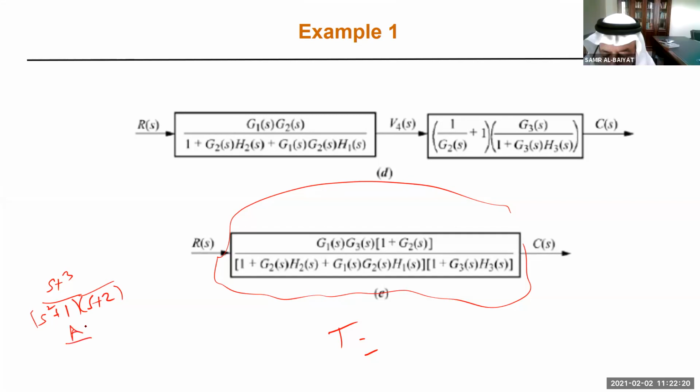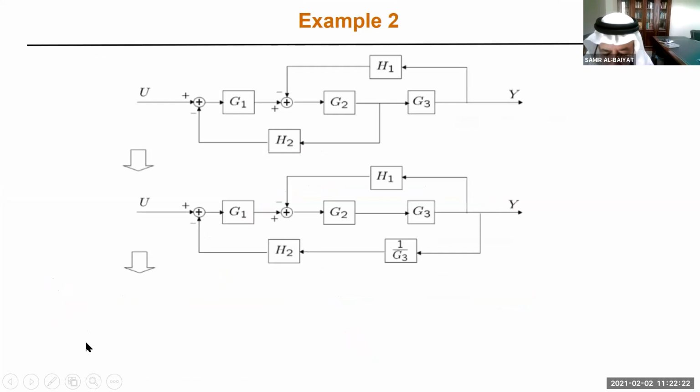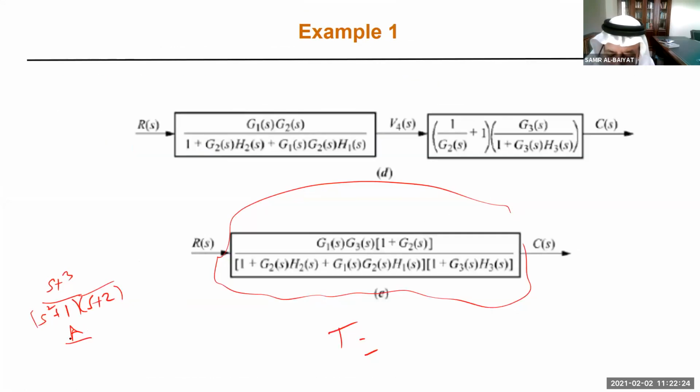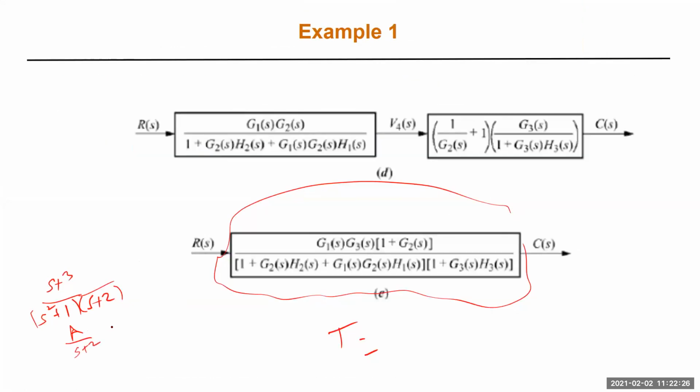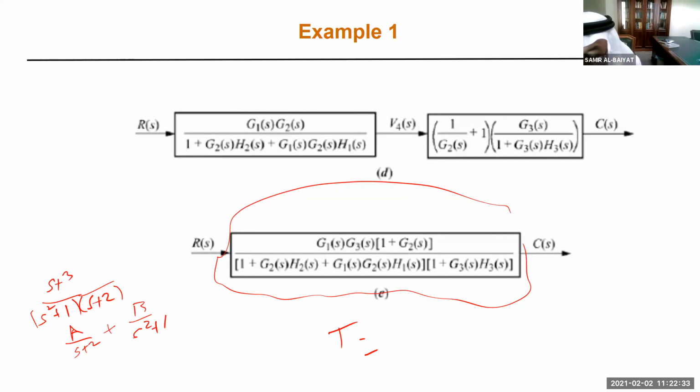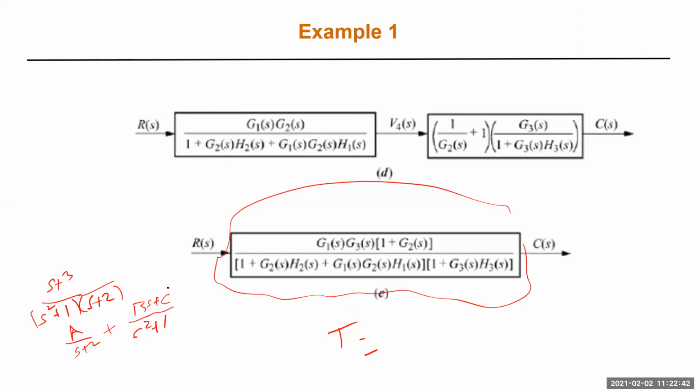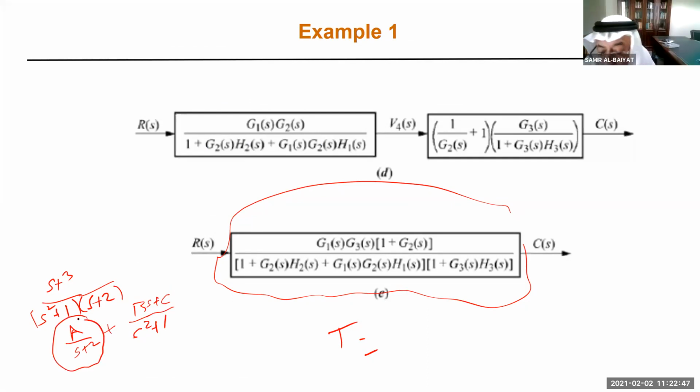So basically, you'll have A over s plus 2, plus (Bs plus D) over s squared plus 1, in the numerator Bs plus C or D, whatever. So basically, you could think about this as a system, and this is another system. Is that what you are saying?